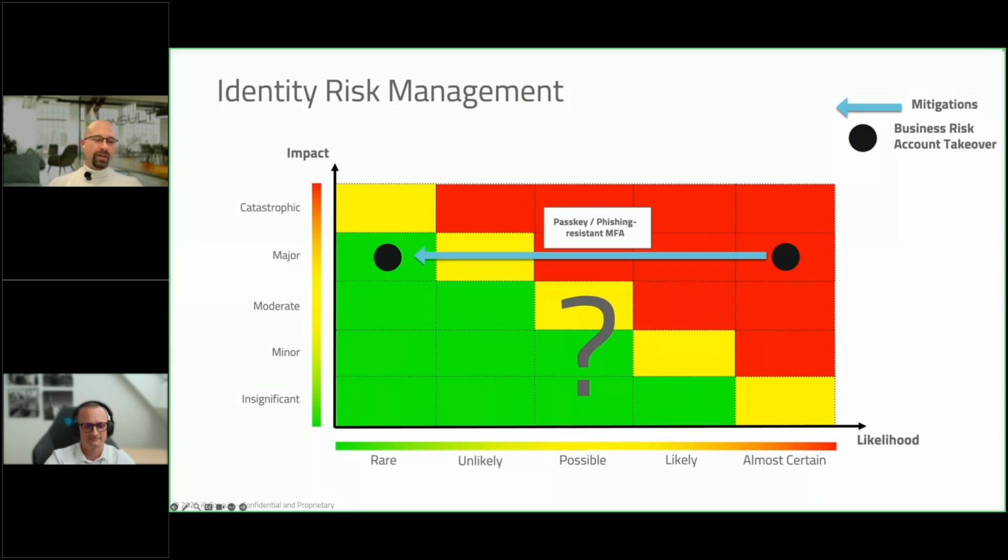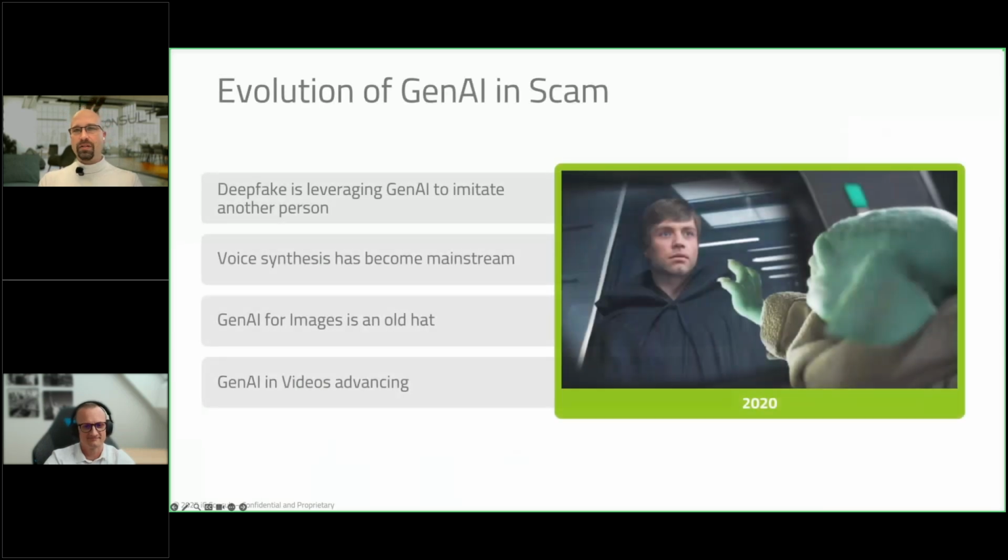I would like to bring up one nice example of what we have to have in mind, and this is about Star Wars. Star Wars by itself is not a risk, but the thing I would like to share here is a scene from The Mandalorian.